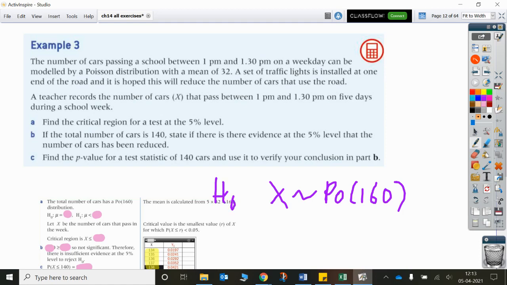Oh, sorry, no, that's the original distribution. H0 is saying that, what are they calling it? Lambda? No, they're calling it mu. So mu is equal to 160. And H1 is saying that mu is less than 160.